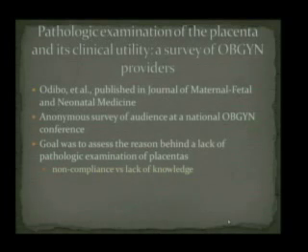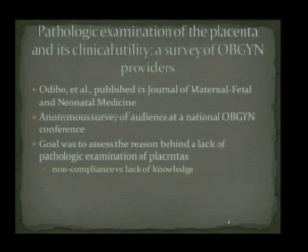This is another study that is looking more at provider knowledge than a chart review. They did an anonymous survey at a national OBGYN conference, and they wanted to find out if there was a reason behind the lack of examination of placentas, where people just didn't know, or they thought it was stupid and they didn't want to participate.